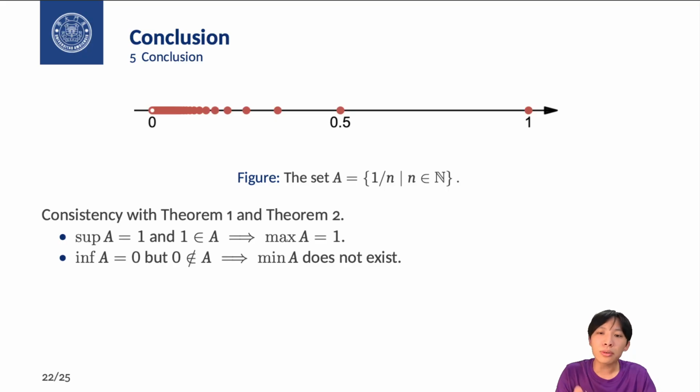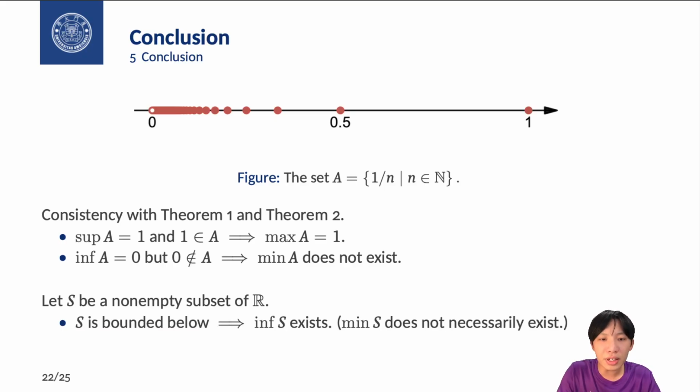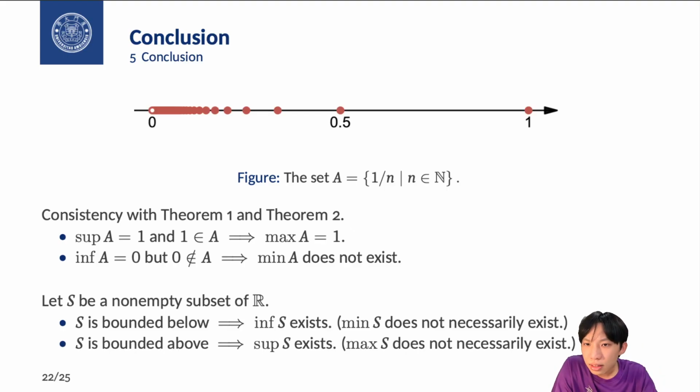So in conclusion, if a non-empty subset of real numbers is bounded below, it must have an infimum, but a minimum does not necessarily exist, just like in this example. Similarly, if a non-empty subset of real numbers is bounded above, it must have a supremum, but a maximum does not necessarily exist. For example, the open interval (0, 1) has a supremum of 1 but does not have a maximum. So that's all.